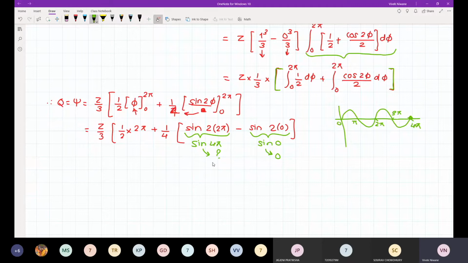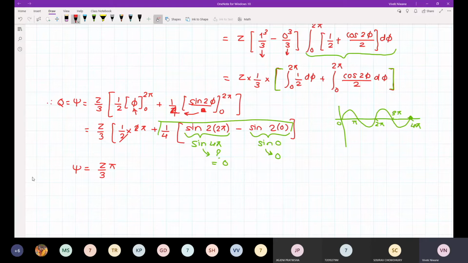Definitely it is 0. So the whole term becomes 0 and what we are left with is z/3. The 2 and 2 get cancelled out, pi. So the amount of psi, or electrical flux lines, is equal to z pi by 3.